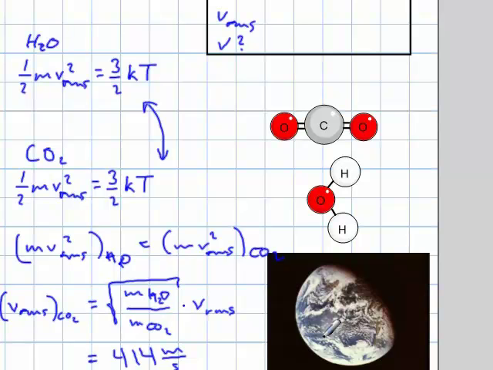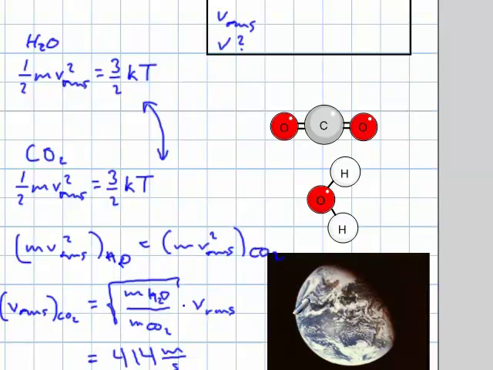The reason I put the Earth here is because we have a very thin layer of atmosphere, and what holds the atmosphere to the Earth is Earth's gravitational force. But of course we know that rockets can leave the Earth if they attain a certain amount of speed, and molecules can do the same thing.